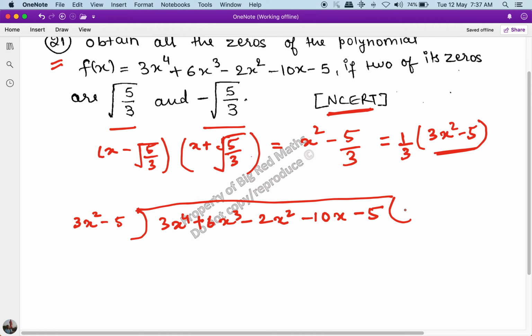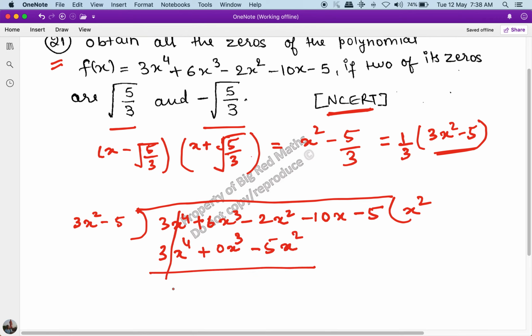What we get first is x to the power 4, so I put x square here. What I get is 3x to the power of 4 plus 0x cube minus 5x square. Now I subtract, this gets cancelled, and this becomes 6x cube plus 3x square minus 10x minus 5 as it is.